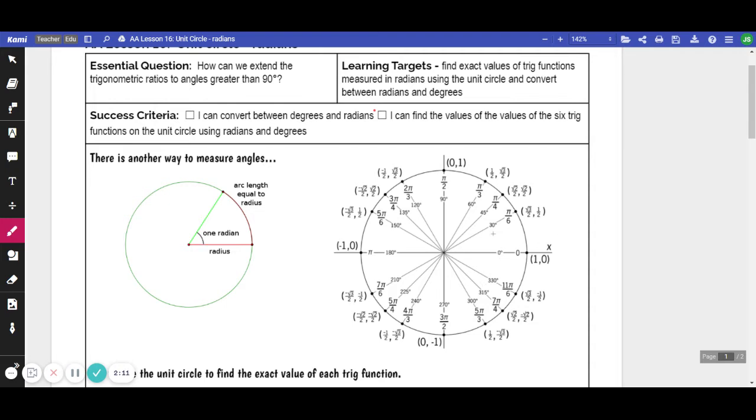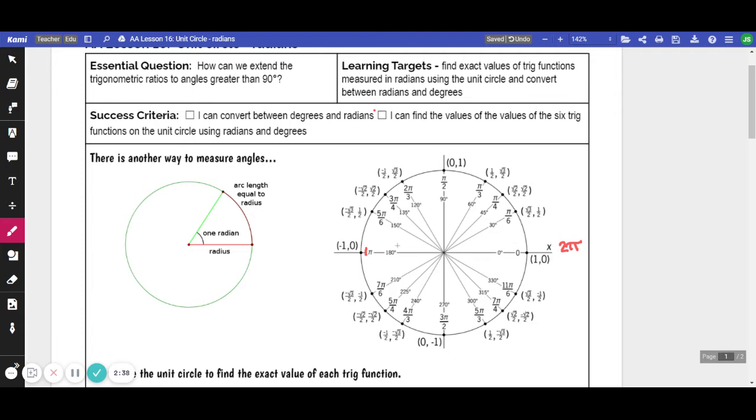So the unit circle, this is where pi comes from. 1 full rotation around the circle is 2 pi radians. So it means halfway around the circle is 1 pi, and then we kind of just split it up into smaller pieces. If half a circle is 1 pi, each of these fractions just represents how much of the circle we cut it into. So pi over 6 is 1/6 of a pi.